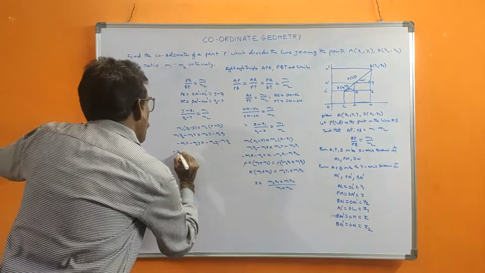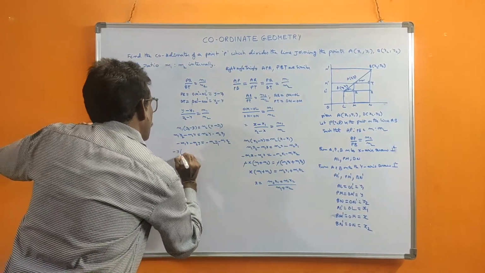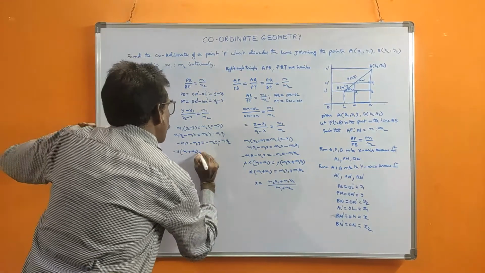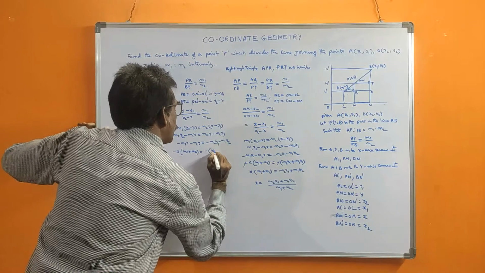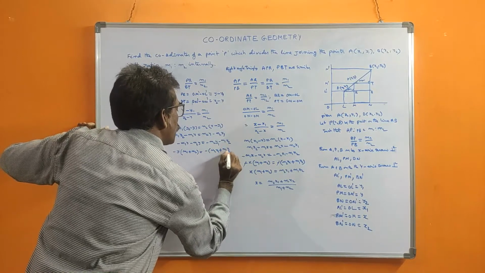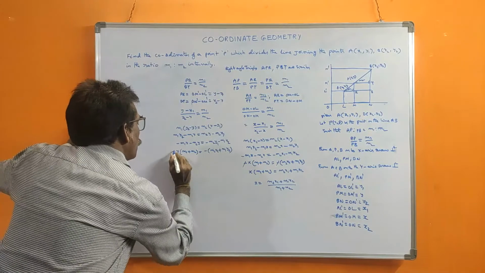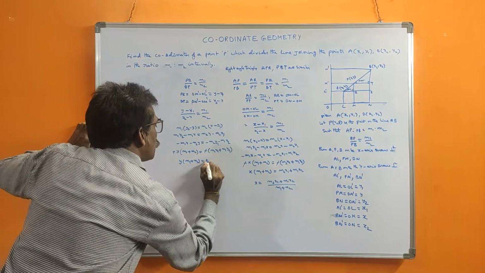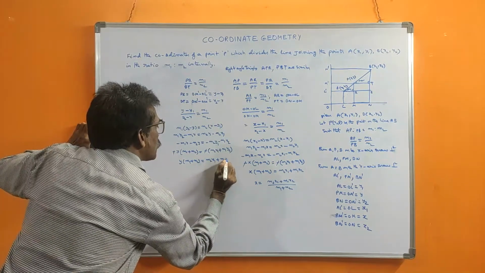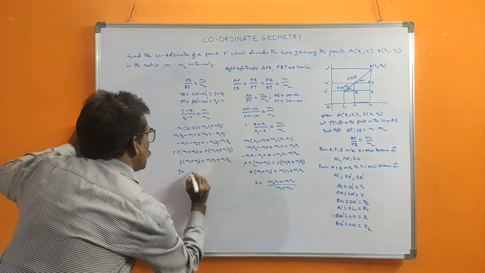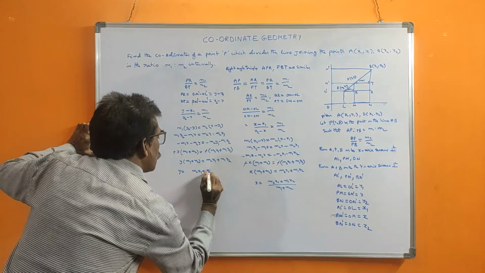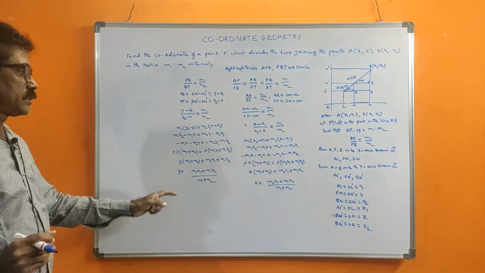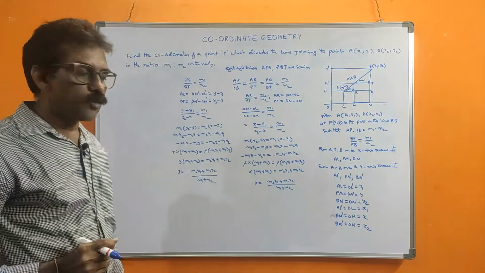Now y common, minus also, so m1 plus m2, because minus common, m2 y1 plus m1 y2. Now minus minus cancel: y into (m1 plus m2) is equal to m2 y1 plus m1 y2. We want only y, so y is (m2 y1 plus m1 y2) by (m1 plus m2). This is nothing but the y coordinate of the point P.